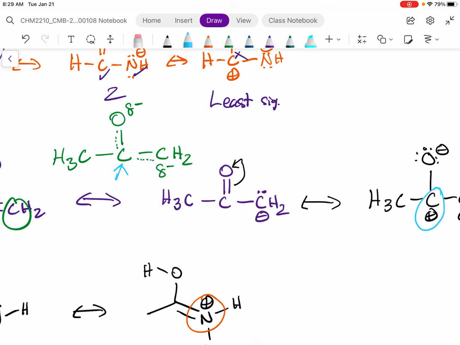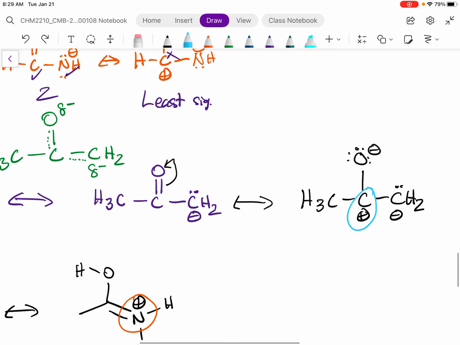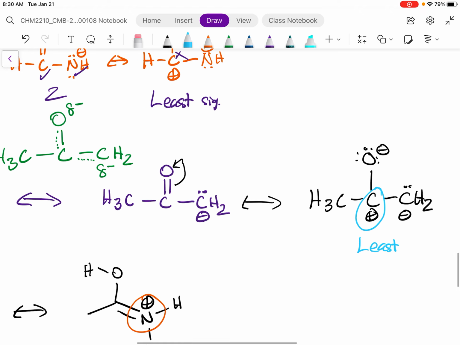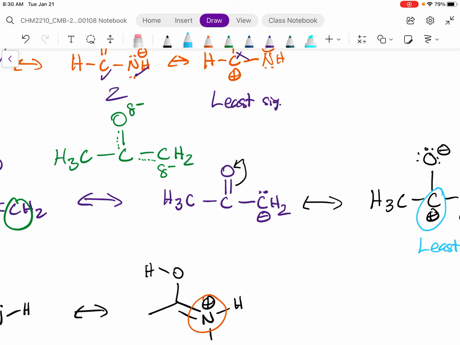But here's the trick, and this is very subtle. Because this is the least significant, that means that partial positive isn't going to be there as abundantly as the partial negatives. So the way that we represent that is, let's exaggerate this so we get this point across.